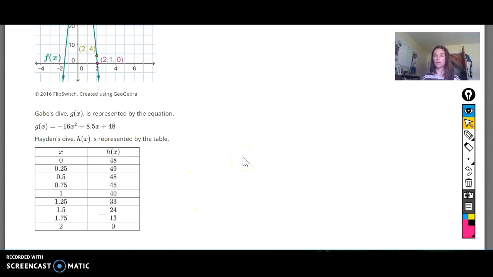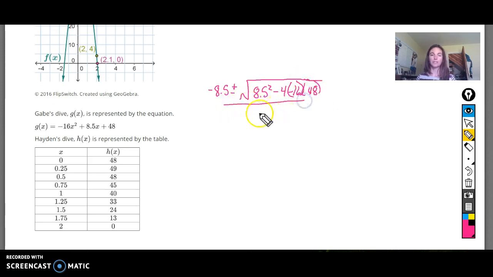So let's see where the root of Gabe's equation is, and I'm going to do that by using the quadratic equation here. So minus 8.5 plus or minus the square root of 8.5 squared minus 4 times negative 16 times C, which is 48, minus 4AC, there we go, all over 2 times negative 16.